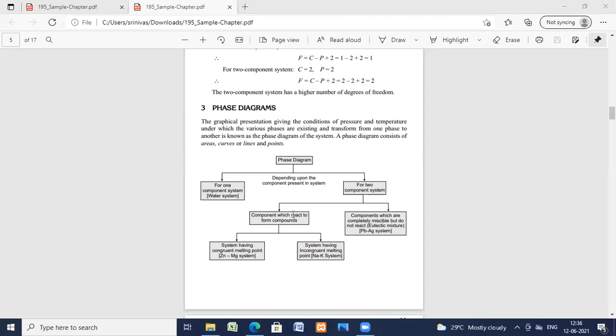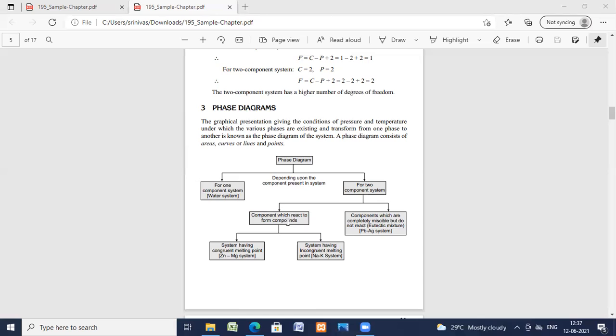Next, among the components which react to form compounds, the system having a congruent melting point is the zinc and magnesium system, and the system having an incongruent melting point is the sodium and potassium system.